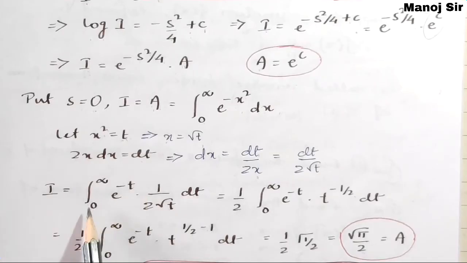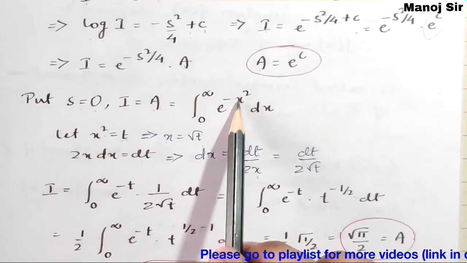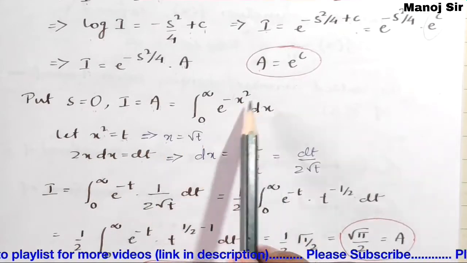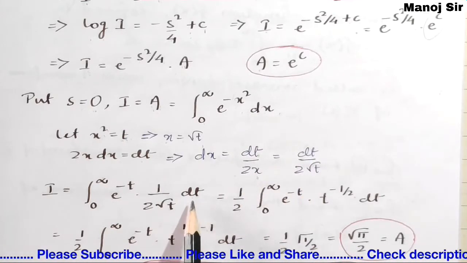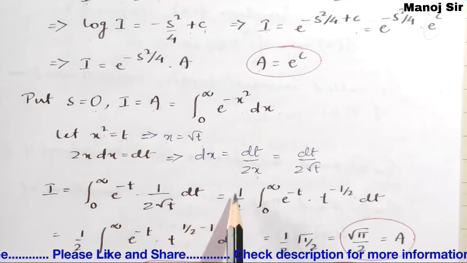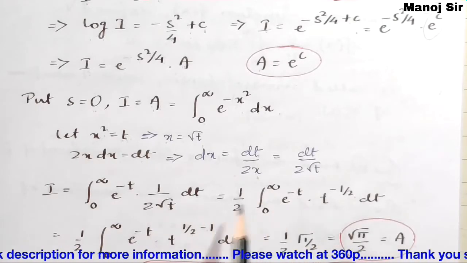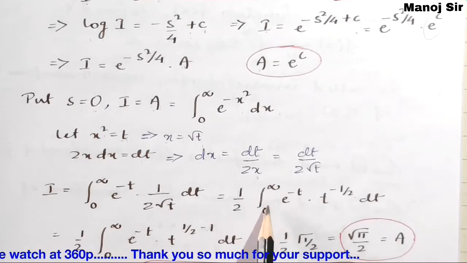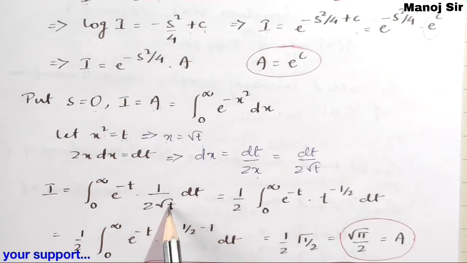So I will become integration 0 to infinity e to power minus x square. What is x square? That is t. So this is going to be e to power minus t. What is dx? That is dt upon 2 root t. So this is going to be 1 upon 2 integration 0 to infinity e to power minus t, and here this is t to power half.